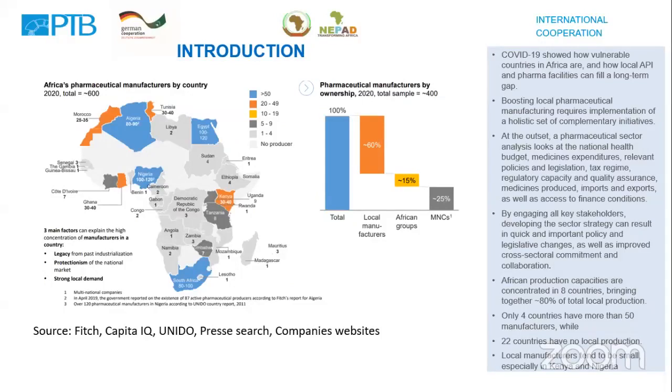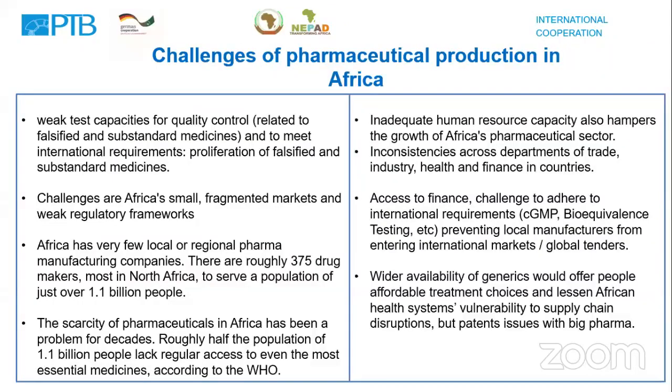The pharmaceutical production in Africa is facing many challenges. Counterfeit, substandard, and falsified products are one of the main challenges in pharmaceutical production because African countries have deficiencies in terms of qualitative and quantitative analysis.